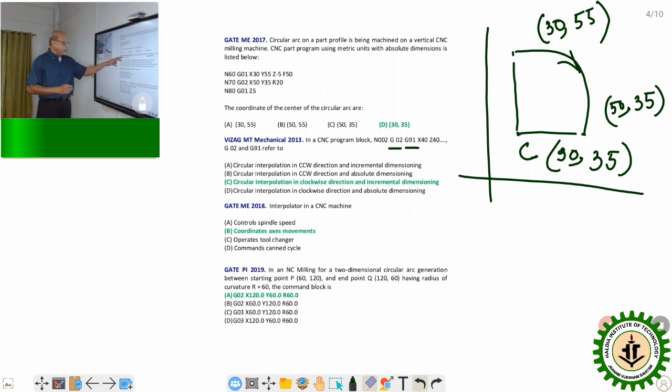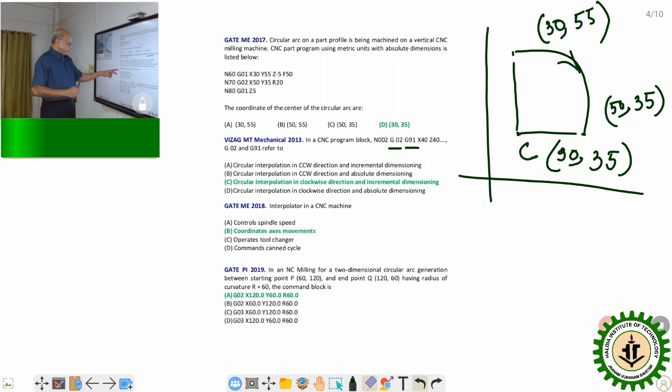Since it is G91, so definitely it will imply the implementation of incremental mode of programming. So if we combine these two, circular interpolation in clockwise and incremental programming mode, the correct option will be C, which is shown in the green color.